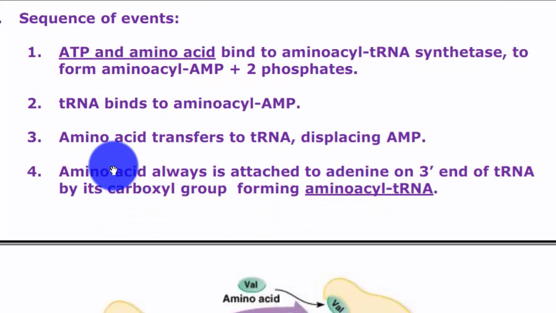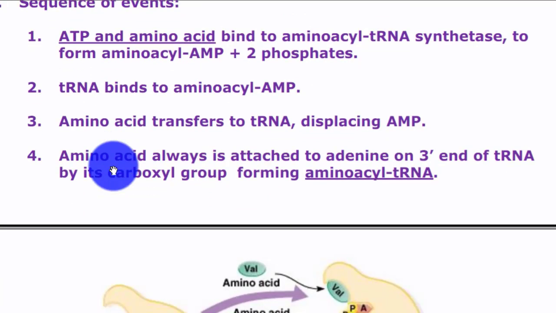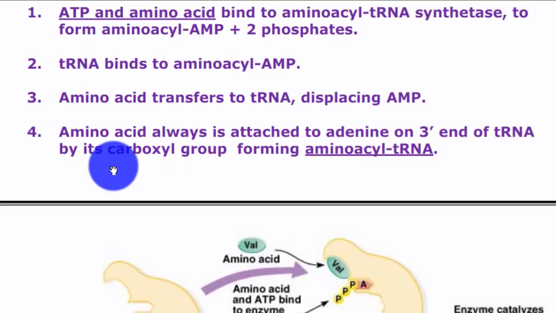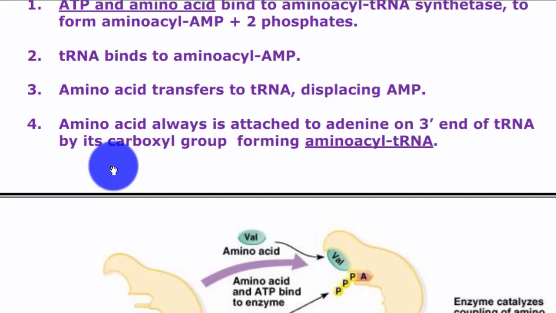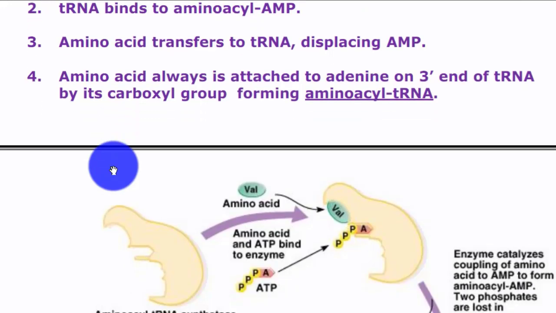Sequence of events: ATP and amino acid bind to aminoacyl transfer RNA synthetase to form aminoacyl AMP plus 2 phosphates. Transfer RNA binds to the aminoacyl AMP. The amino acid is transferred to the transfer RNA, displacing AMP.